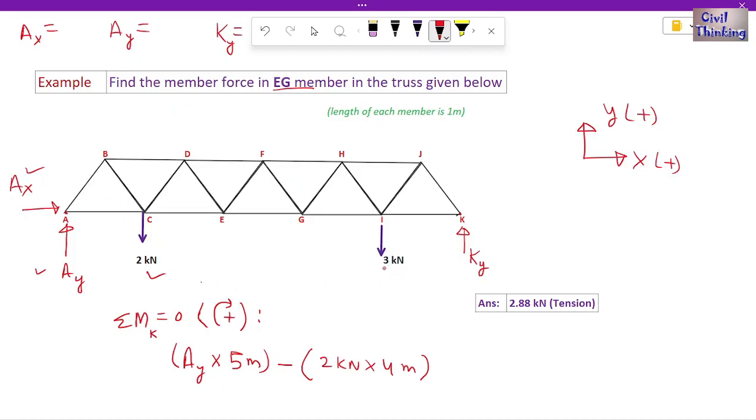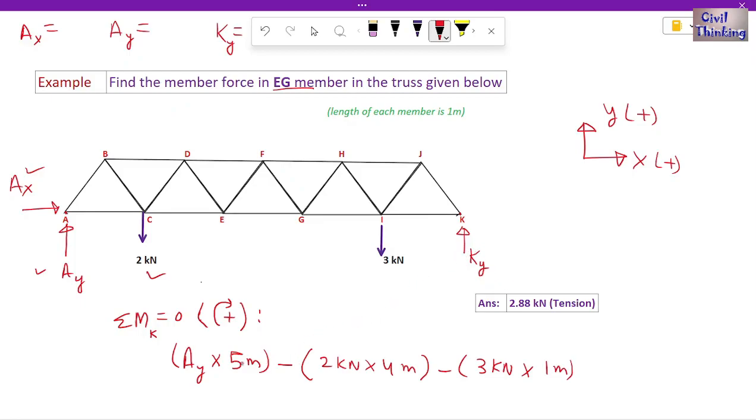Now let us find the moment of 3 kilonewton about K. 3 kilonewton is again going to exert an anti-clockwise moment, minus 3 kilonewton multiplied by, how far is 3 kilonewton from K? It is 1 meter, right? Now this KY is passing through K, so we will not find the moment of KY about K, because that is obviously 0.